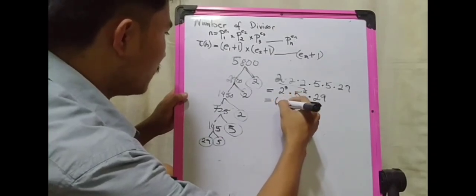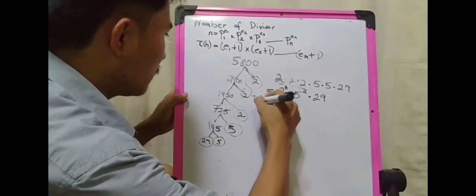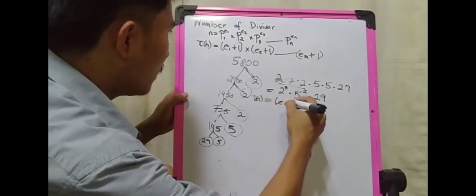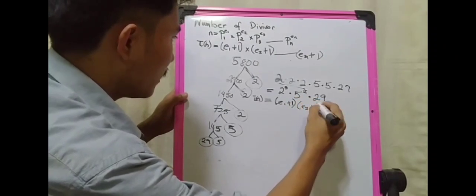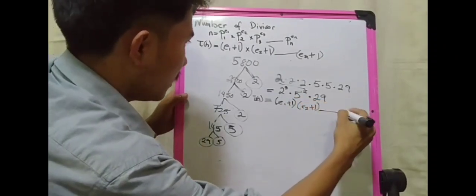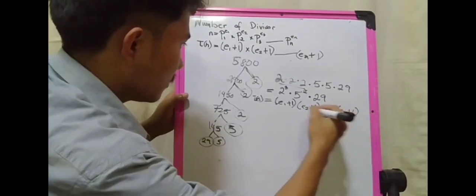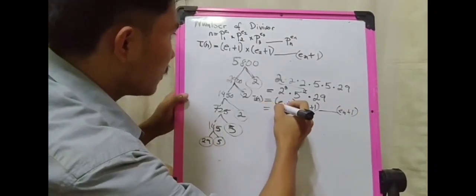So based on the formula in finding the number of divisors, the formula is E1 plus 1 times E2 plus 1 and so on, En plus 1.